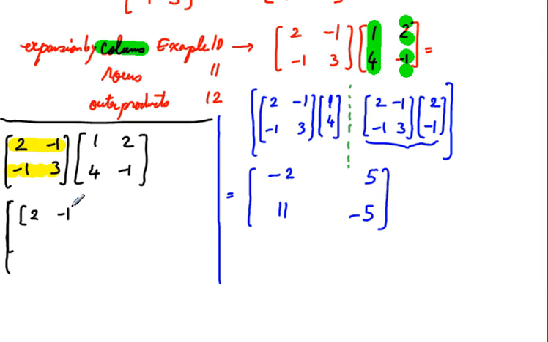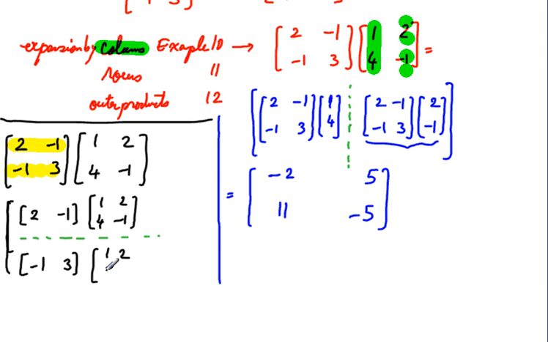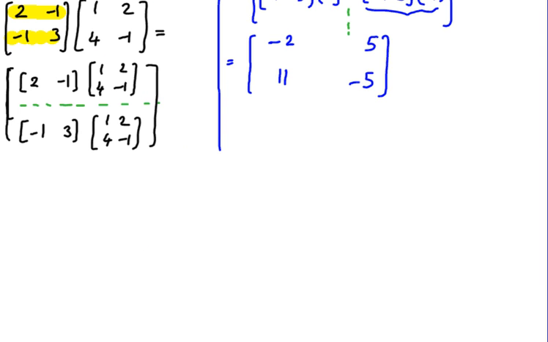Let's indicate how it's going to be laid out before we do it. So 1, 2, 4 minus 1 is going to be one row of my answer, and then I have minus 1, 3 multiplied by 1, 2, 4 minus 1, and then we are going to carry this out.